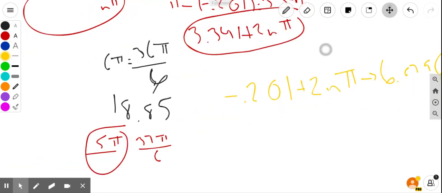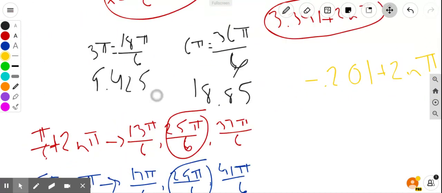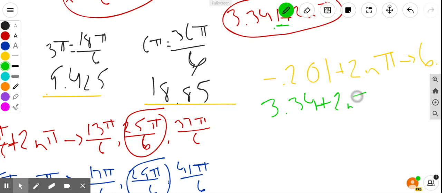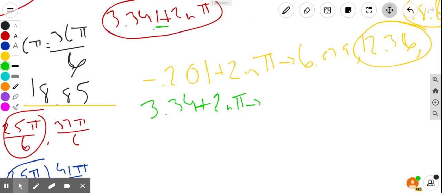They fall between 9.425 and 18.85. So I do it one last time with the 3.34. I guess that one right there, I'm not even going to bother at this point because I'm getting aggravated. So I add 3.34 plus 2 pi.